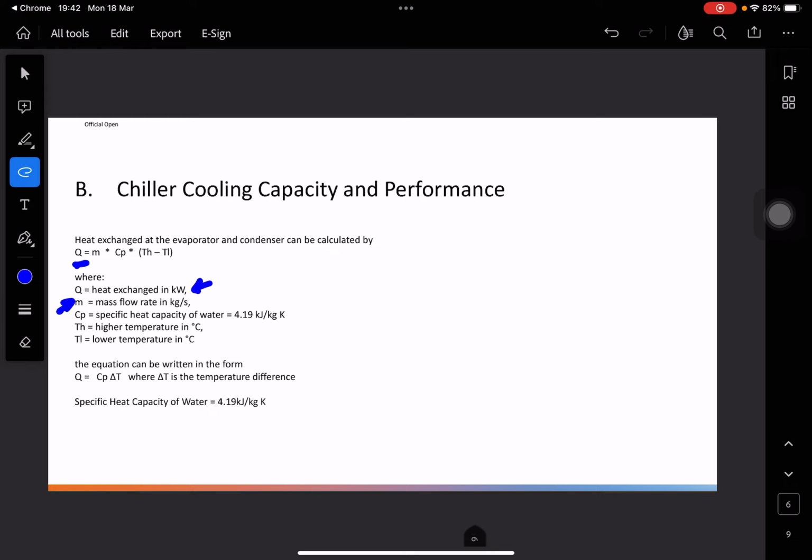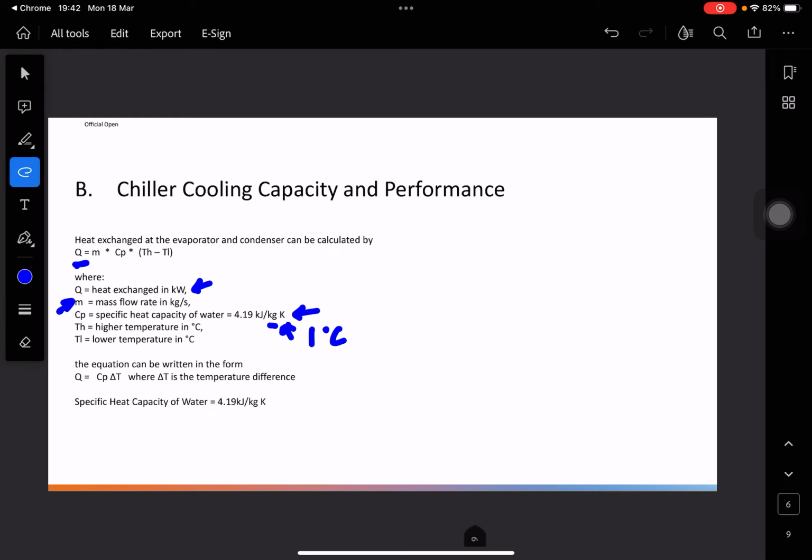Sometimes it is also given in liters, but usually we want to put it in kilograms per second, because mass is mass, in kg, how heavy it is, moved in 1 second. Specific heat capacity of water is the ability to heat up 1 kg of water by 1 Kelvin. 1 Kelvin in this particular case is also 1 degree C.